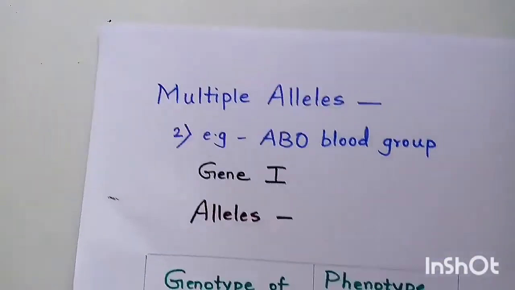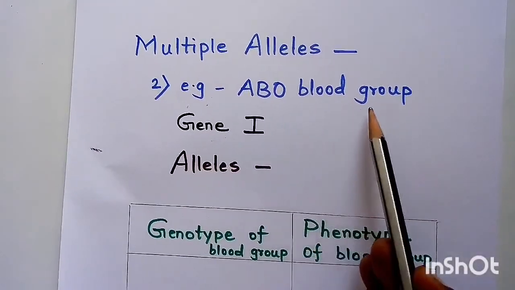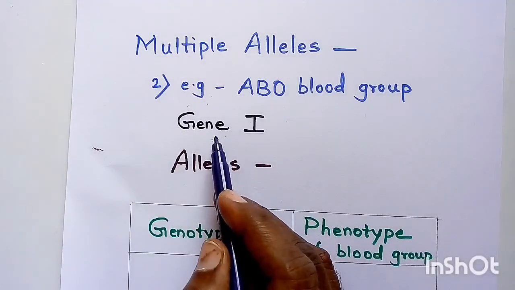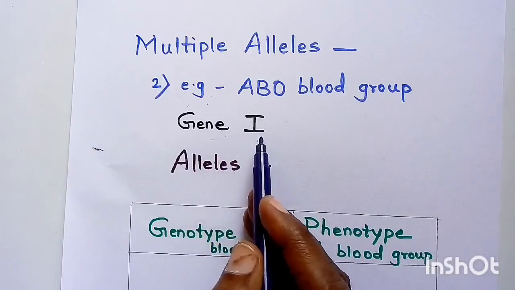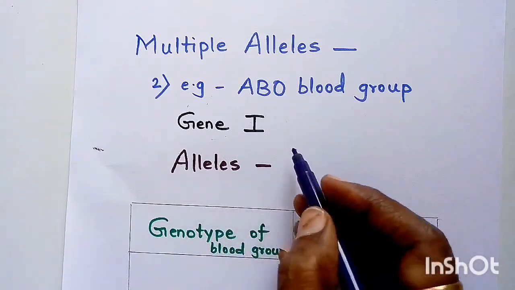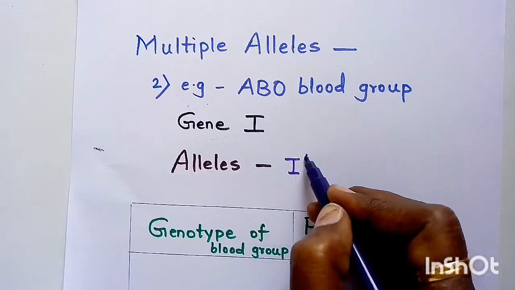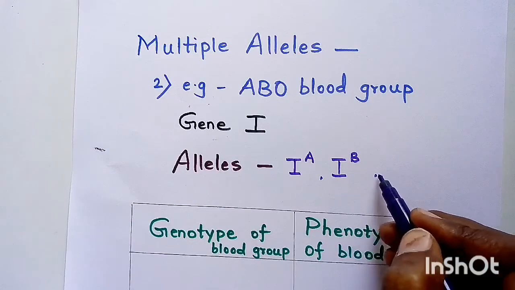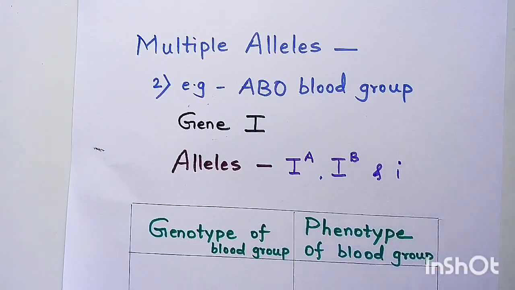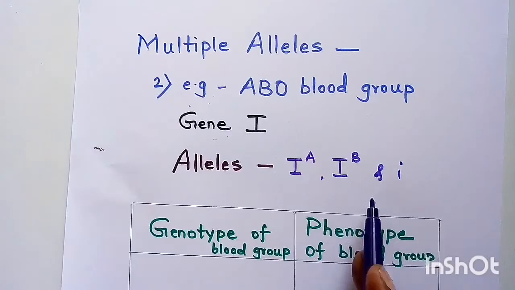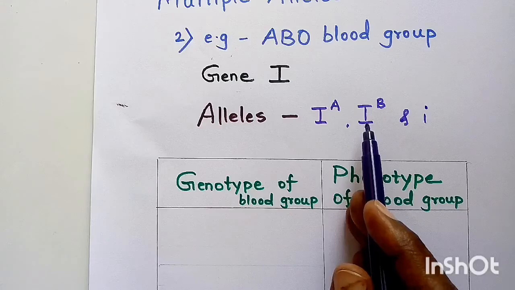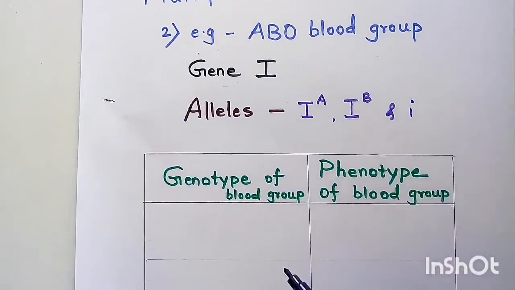We can study one more example, and the second example is ABO blood group in human beings. Now this blood group is controlled by gene I, and this gene I shows different alleles such as IA, IB and small i. These are the different alleles, and these alleles represent a particular blood group.